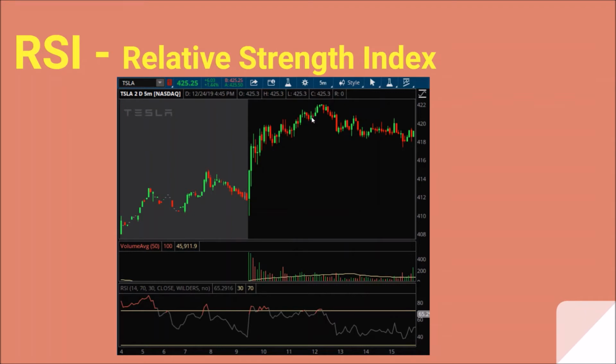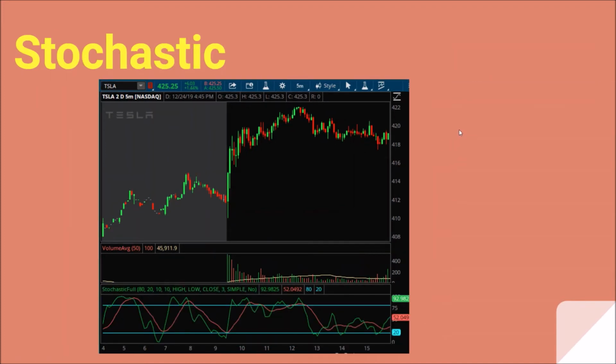So we can't use RSI by itself. We have to use it in conjunction with other indicators. So that is RSI.